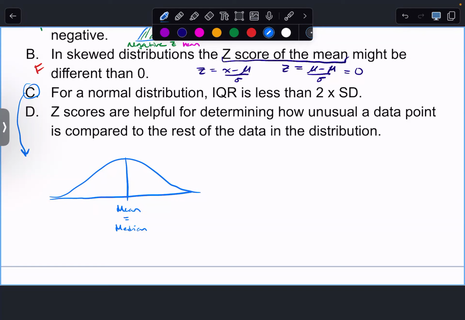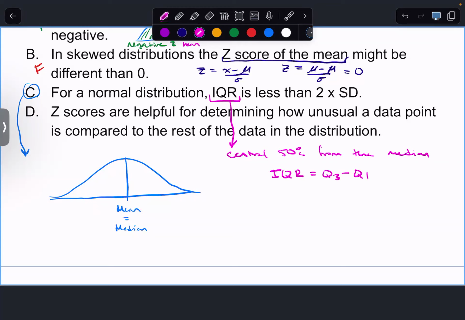The interquartile range is the central 50% of the data around the median, right? And if it's symmetric, then the interquartile range, I'm going to draw here, is the central 50%, right? From Q3 to Q2, from the median, right? The interquartile range is Q3 minus Q1.